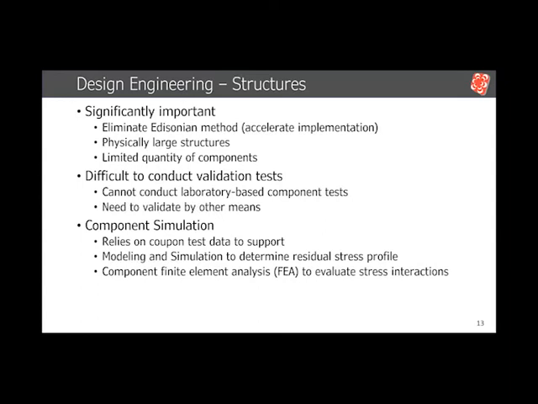And then when you combine that with the component finite element analysis, you can work those two together from the modeling simulation and from the finite element analysis to say, okay, have we really driven home a processing condition that will benefit the part, provide the life that we're looking for, and also be a cost-effective process.